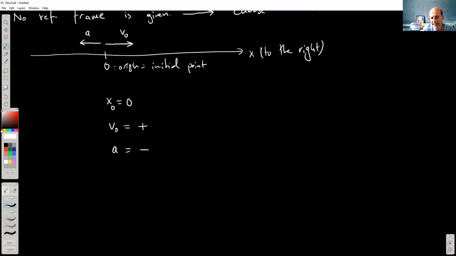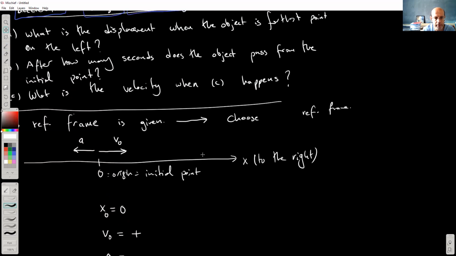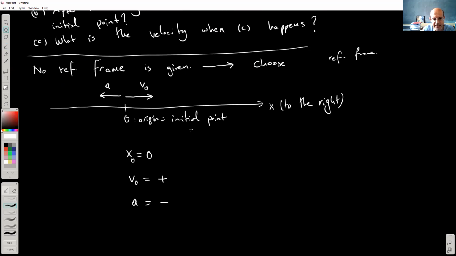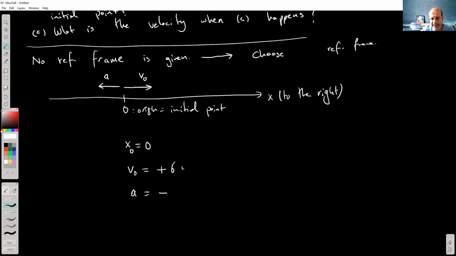In that case, the acceleration would be negative and the velocity would be positive. But just keep in mind that I can only decide on this after choosing the reference frame. So the initial velocity is 6 meters per second, and the acceleration is minus 2 meters per second squared.